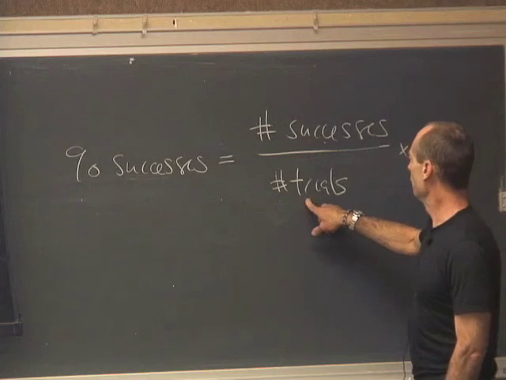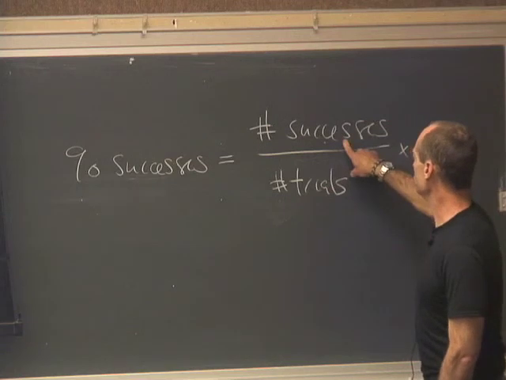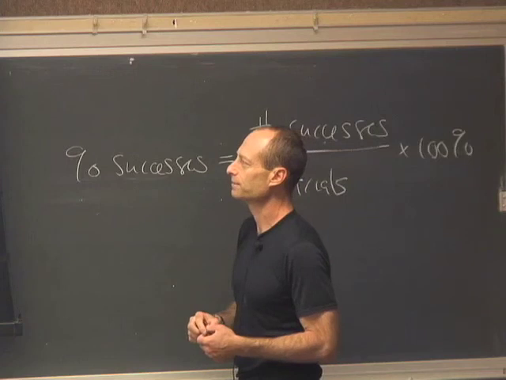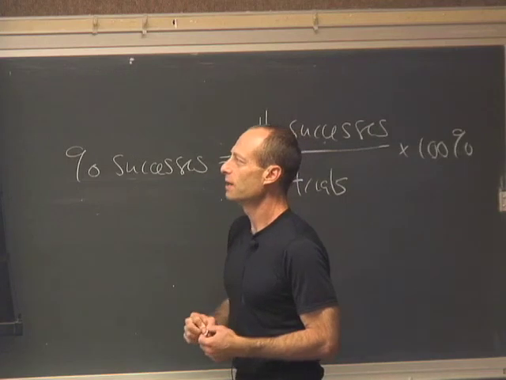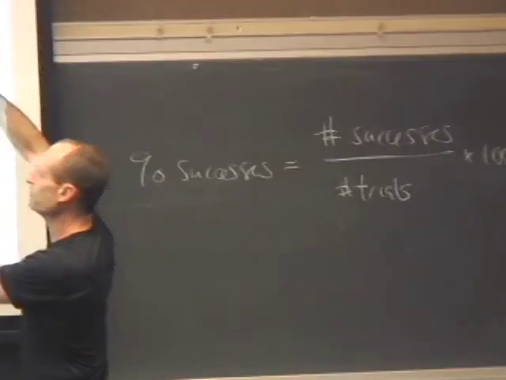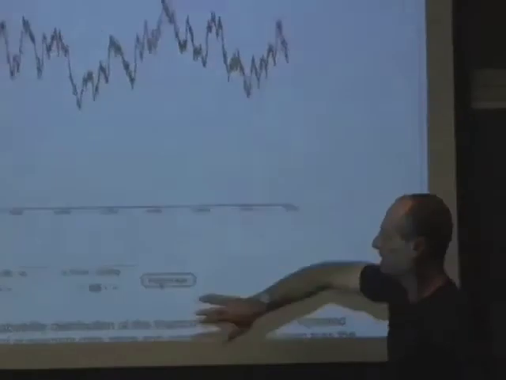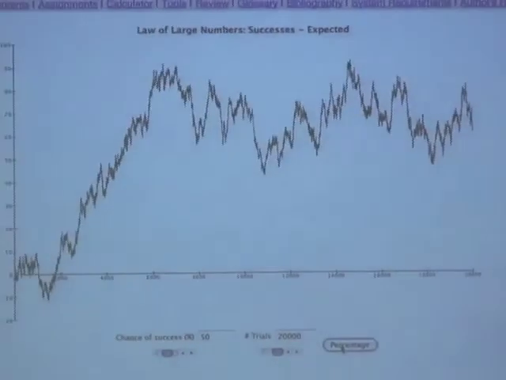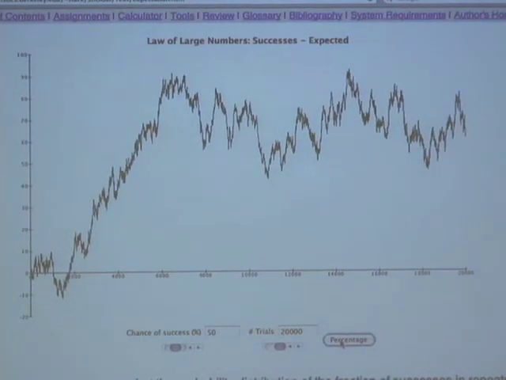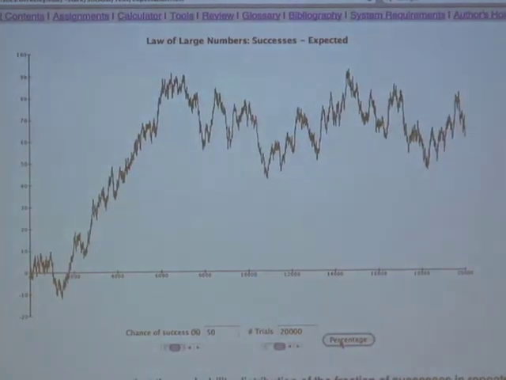Okay, so suppose the difference between the number of successes and p times the number of trials grows at the rate of n, the number of trials, or faster, then the percentage of successes wouldn't get closer to the probability of success.